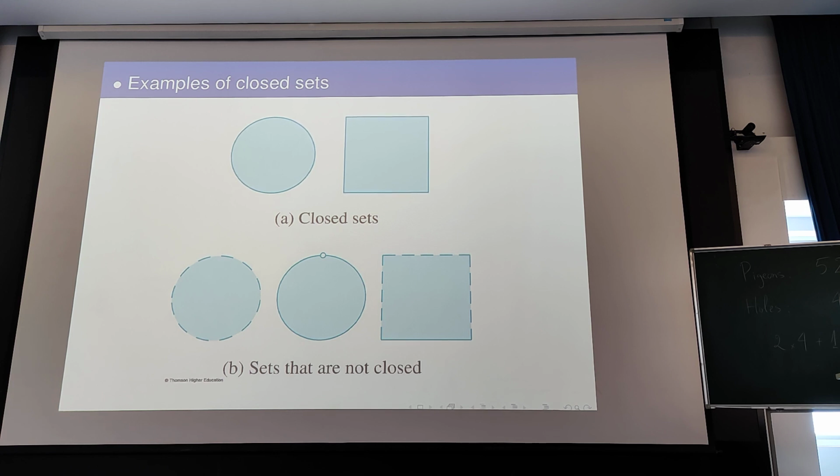Okay? So what does bounded mean? Bounded means you can cover this set by a circle of finite radius. For example, you see it is easy to cover this set by a bigger circle, right? So you can easily understand the word bounded in this way.